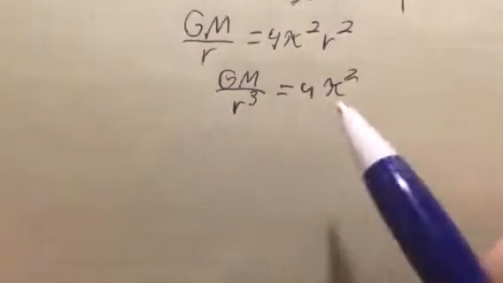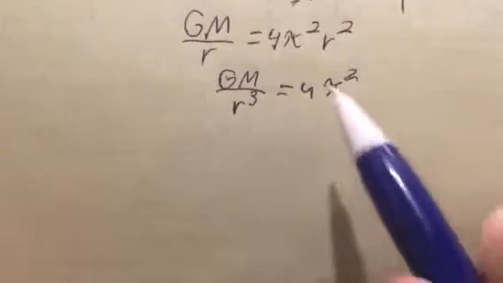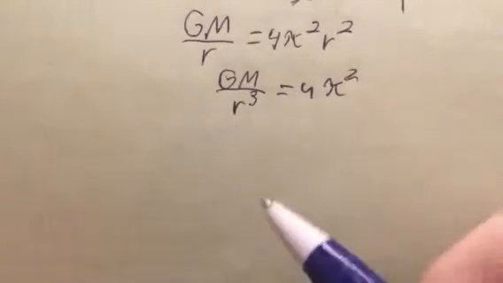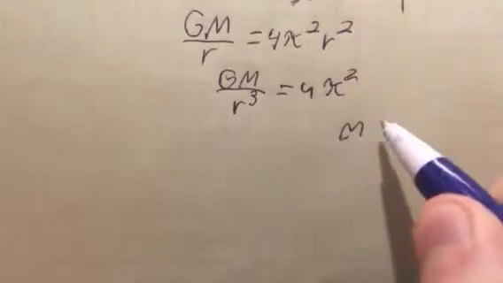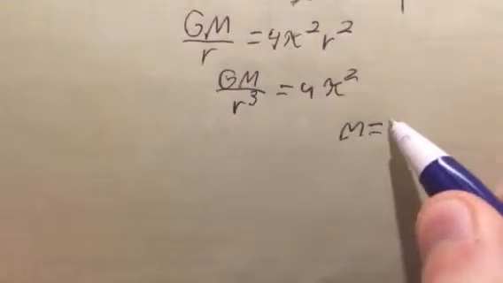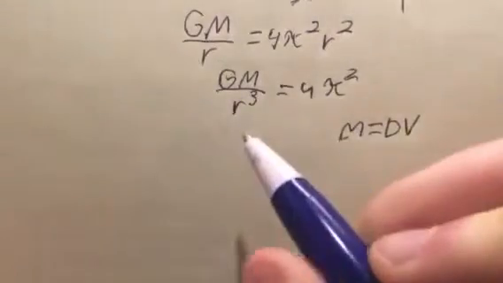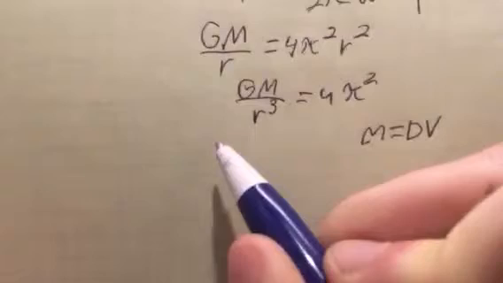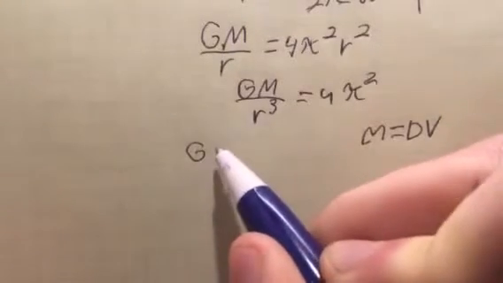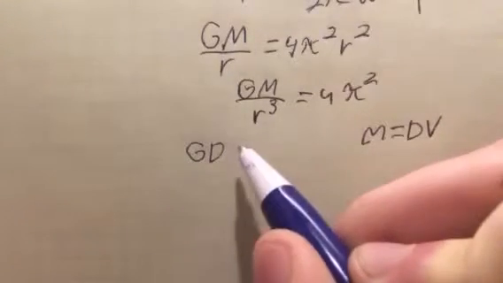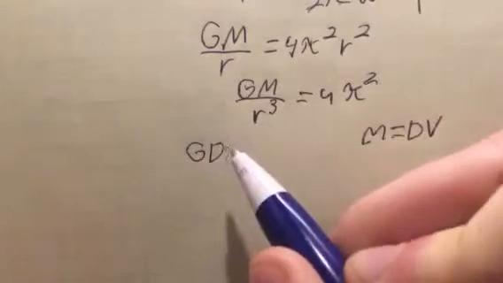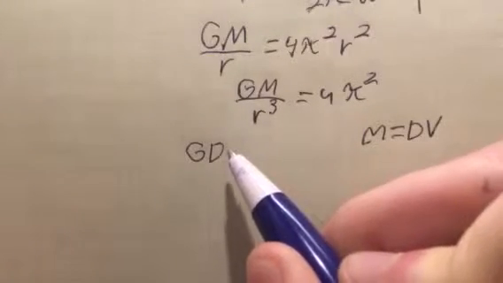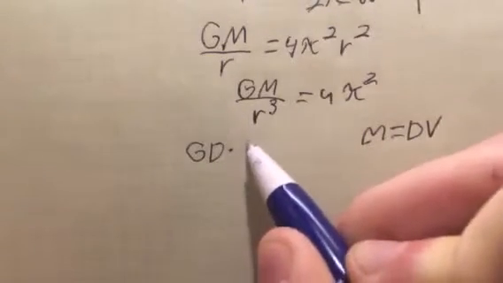So now what do we do? We seem to be stuck here. How do we get this related to density? Well, luckily, mass equals density times volume. So we have the gravitational constant times density multiplied by the volume of a sphere, because that's what this neutron star is going to be shaped like.